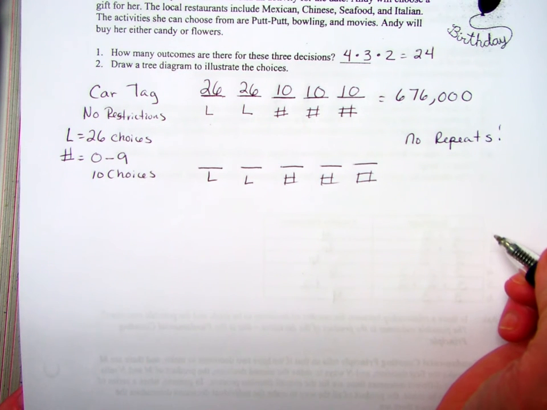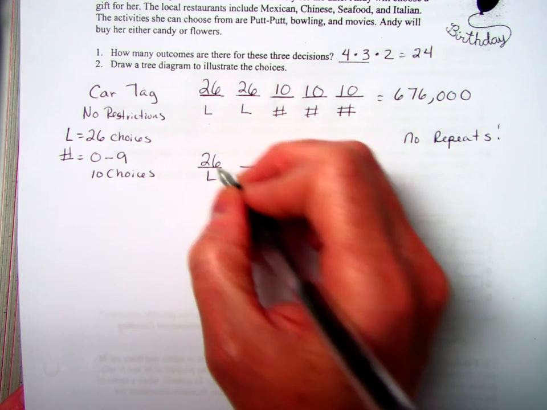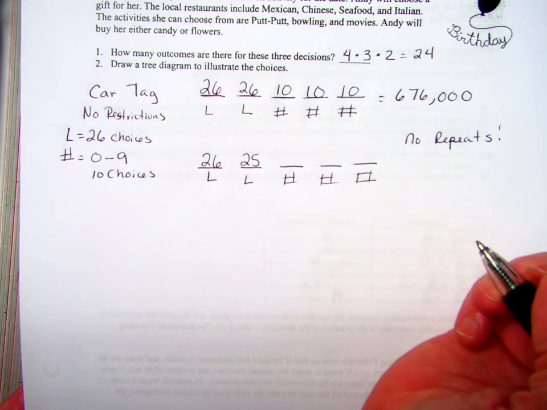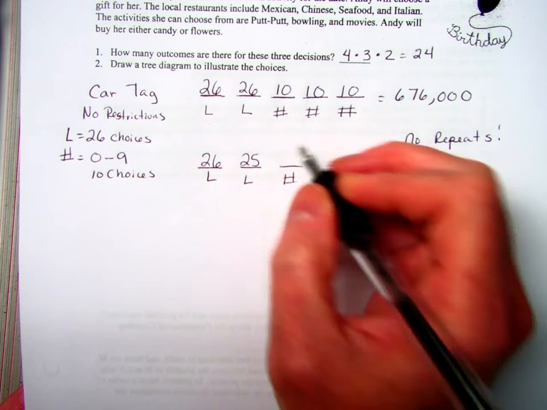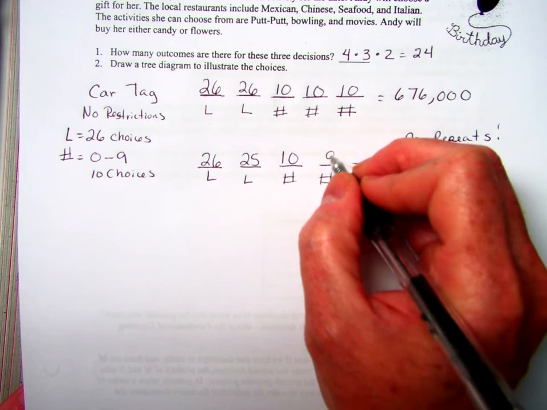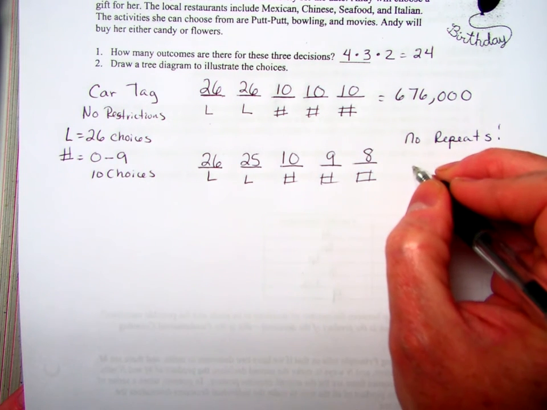My first choice of the letters would be how many? 26. Then 25, because I can't repeat it. You get it? The first number choice is 10, but if I've used one, now there's only 9 to choose from, and now there's 8 to choose from.